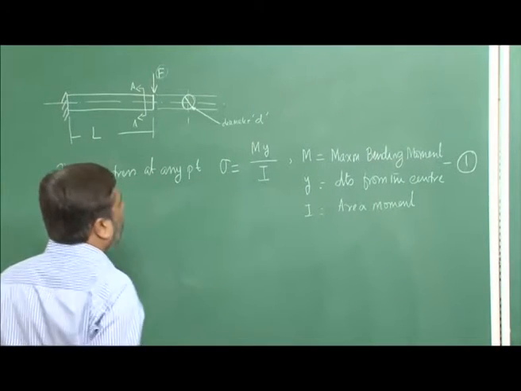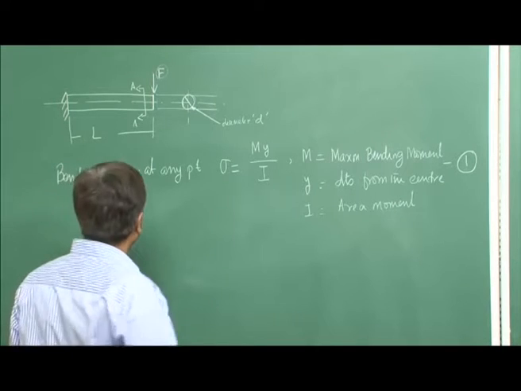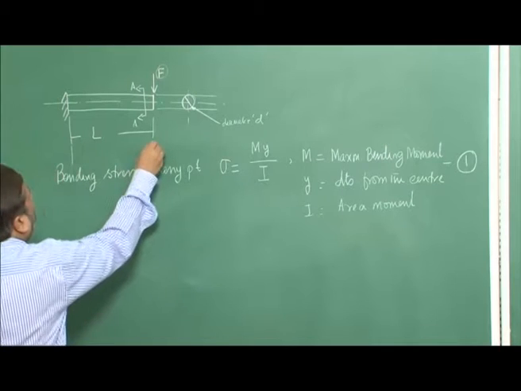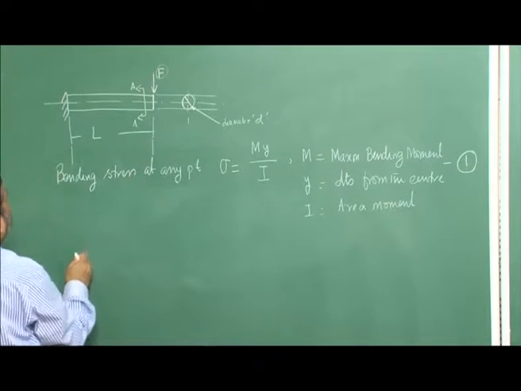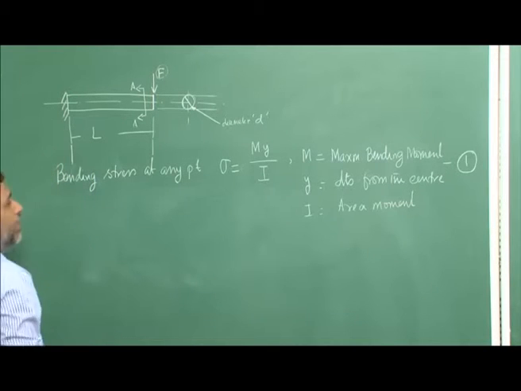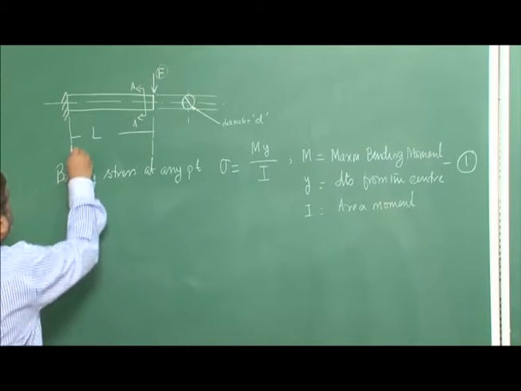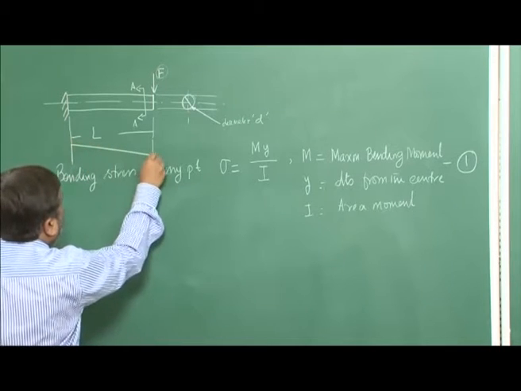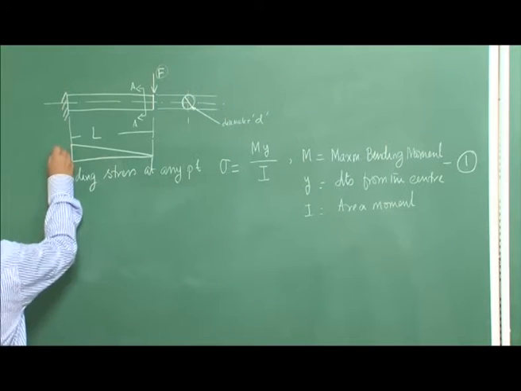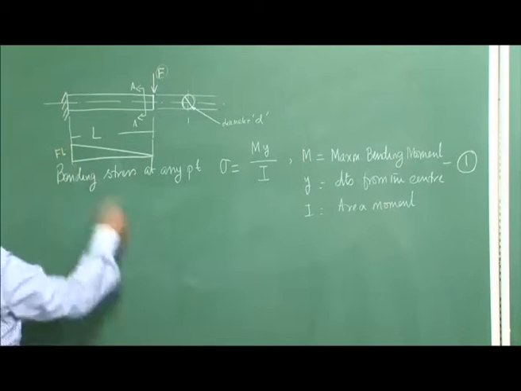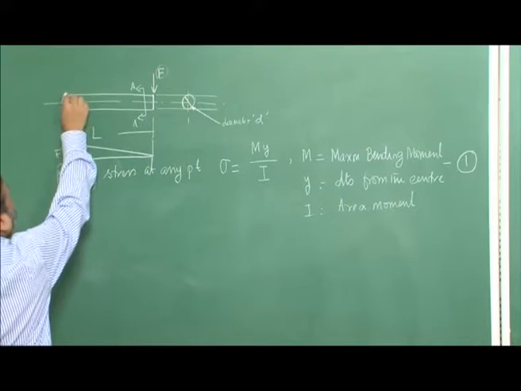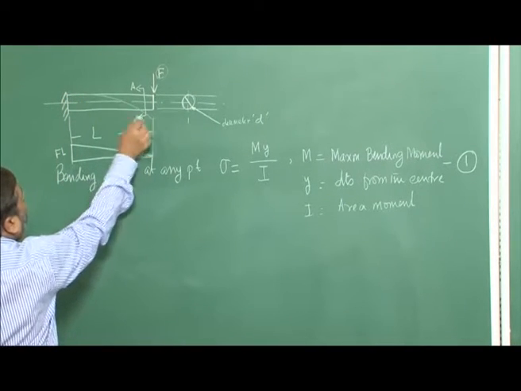I have to find out the maximum bending moment that is possible in this beam. If I draw the bending moment diagram of the beam, the maximum moment will come at the fixed end, and it becomes 0 at the other end. The maximum bending moment here has magnitude FL. Of course, the deflection of the beam is downward.